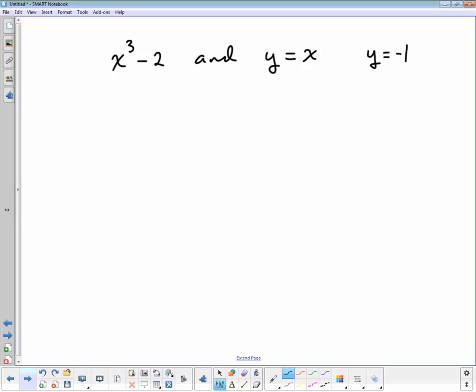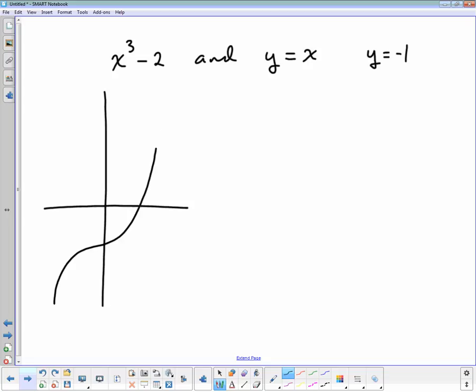First thing we got to do is think about what this graph looks like. It's going to look like that.